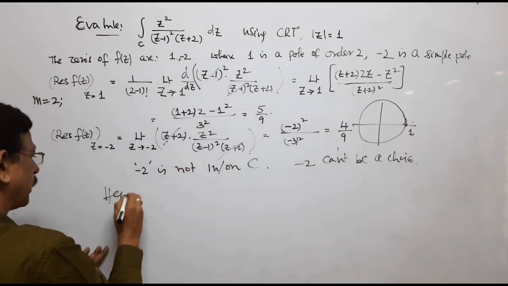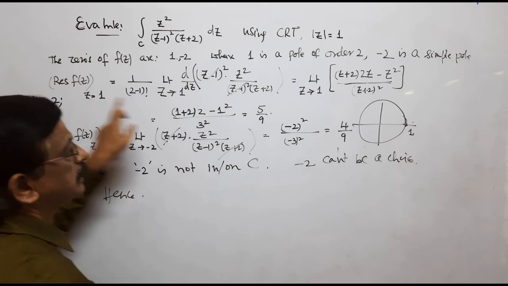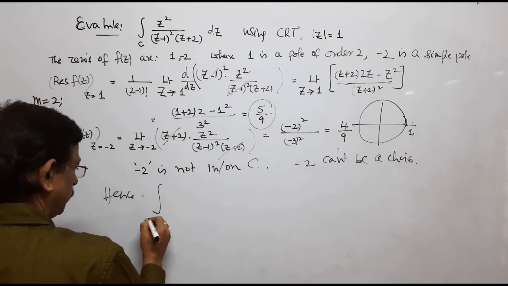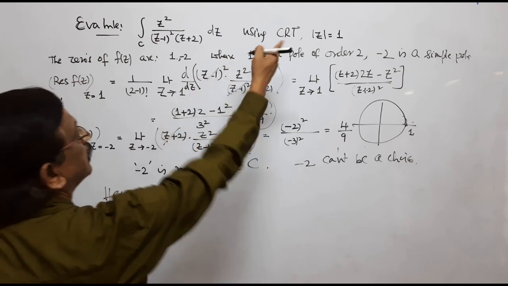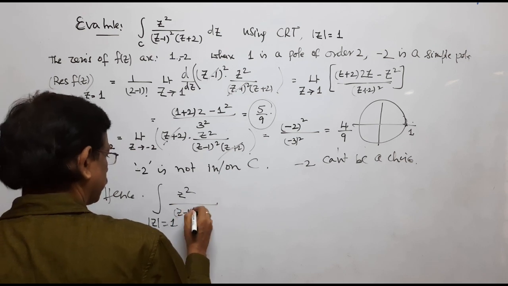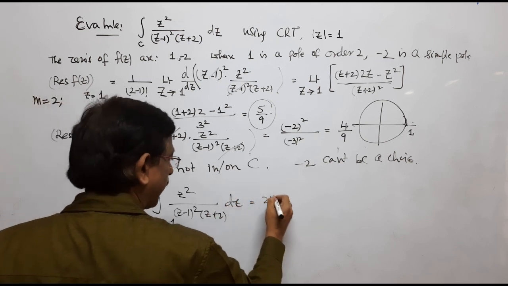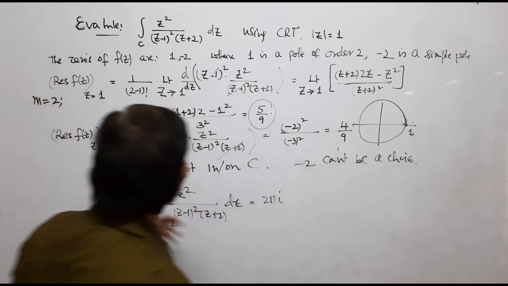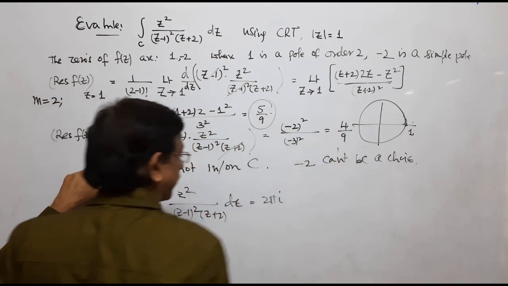Hence, I have to take only one residue, which is residue of f(z) at z equal to 1. That's 5 by 9. So, hence, the integral over mod z equal to 1 — sometimes people write over C when you understand that — of f(z), z square by z minus 1 whole square into z plus 2 dz, is equal to 2 pi i into the sum of the residues, but there is only one residue, which is 5 by 9, because the residue at z equal to minus 2 is not a candidate.